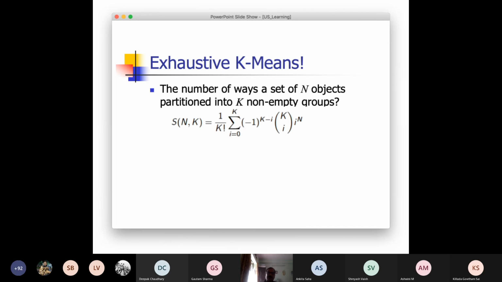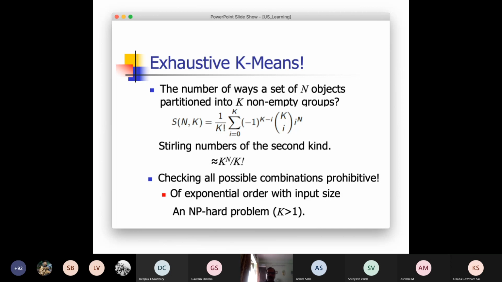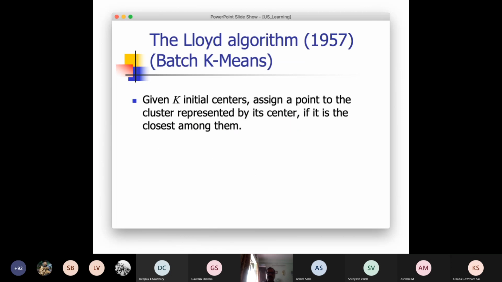But the number of ways you can do it is basically exponential, something like k to the power n by k factorial, very close to that. The order of it is exponential in n, so it is prohibitive. And it can be shown it's an NP-hard problem for k greater than 1.